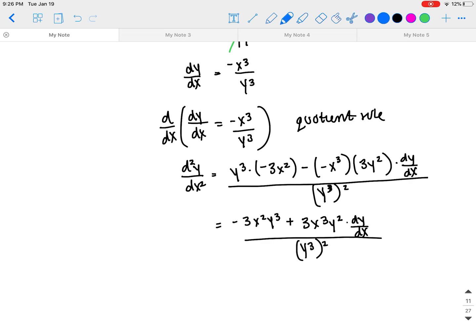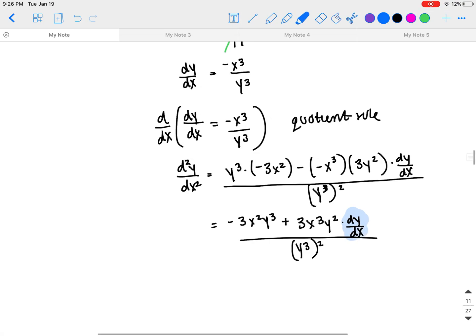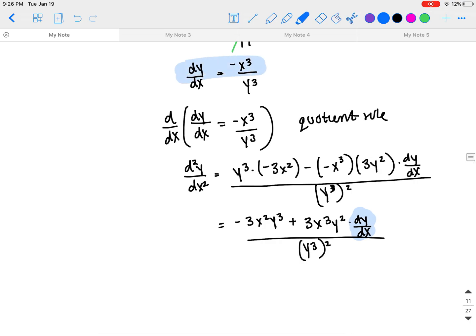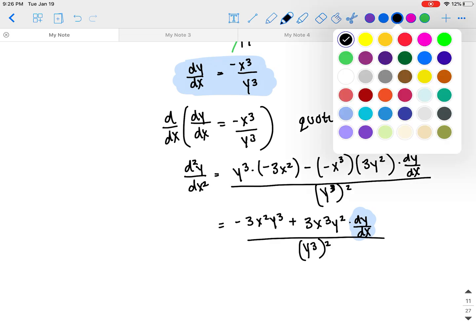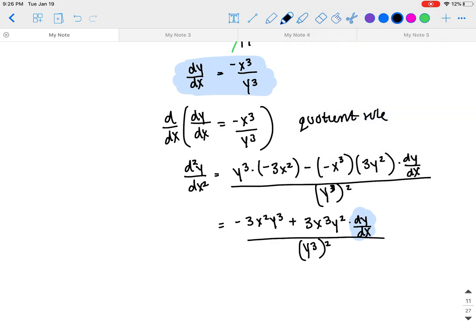So the way that we complete this process, you will notice that our second derivative has this dy dx, but we already determined what dy dx was up here. We already have the first derivative. So to complete the second derivative, you're going to have to substitute in for the first derivative.